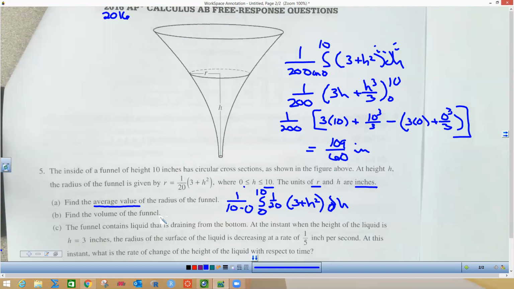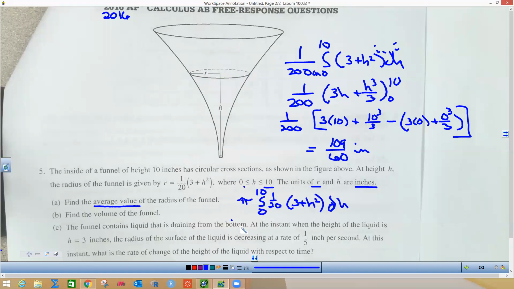Then we want the volume of the funnel. The volume is not going to be a lot different, except we no longer need this, right? We are now going to be taking the area of our circles from bottom to top, okay? So it's still the integral from 0 to 10, and since we're doing the area of a circle, that is pi r squared.